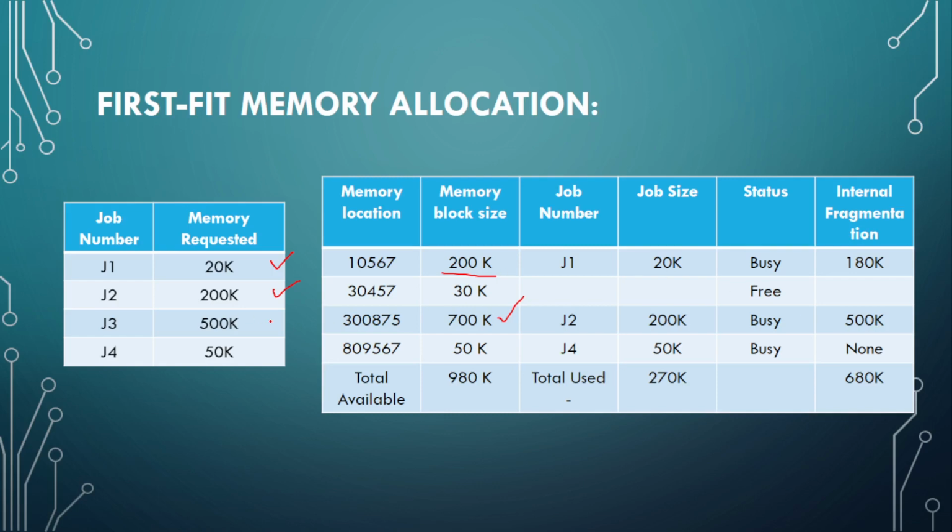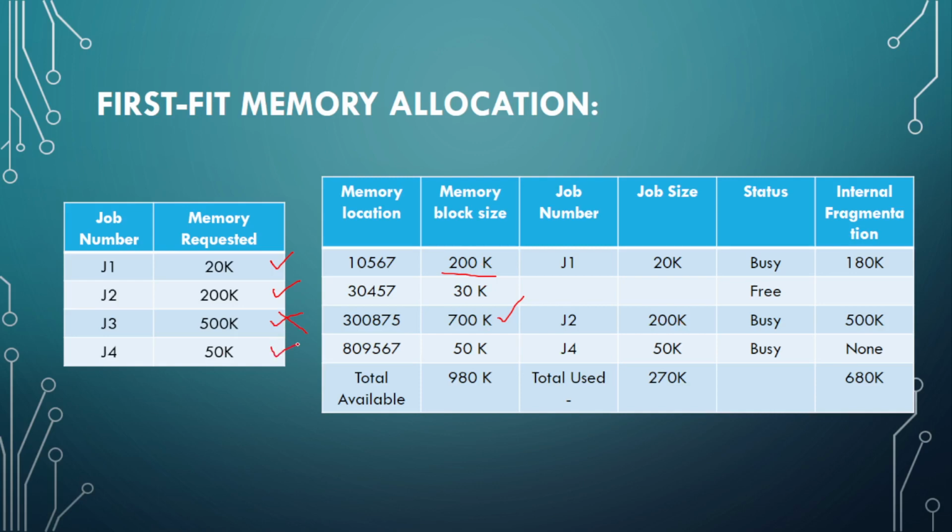And then next, job 3. So we have to accommodate 500 kilobytes of requested memory to any block here. Since we have already allocated 700 kilobytes of memory to the 200 KB job, we cannot accommodate job 3 in any available block. So here job 3 cannot be accommodated.